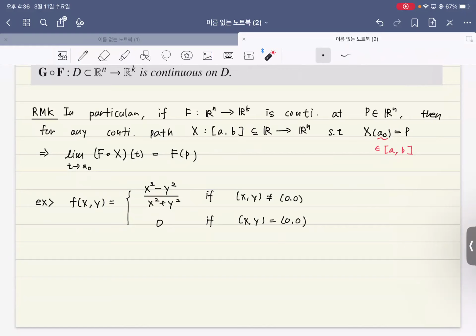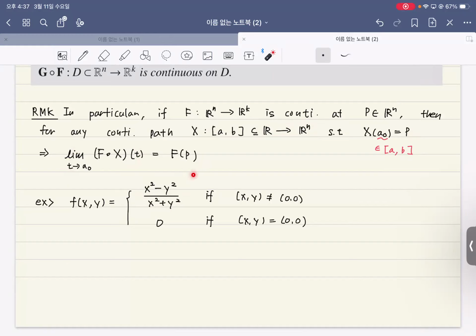But the question is, is this continuous at the origin? Well, if this were continuous at the origin, then for any path from R1 to R2 such that x(0) equals the origin, this limit must be well defined and equal to this one, 0.